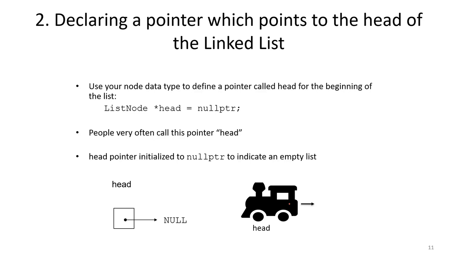All right, so our first step was to declare the node that we wanted to use. Our second step is to declare a pointer which points to the head of the linked list. So remember, this pointer needs to point to the same type of data as our node.